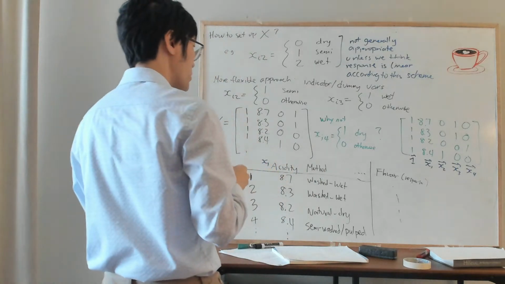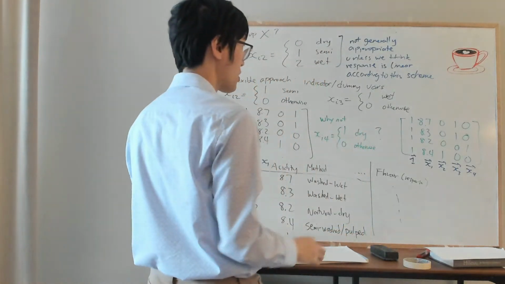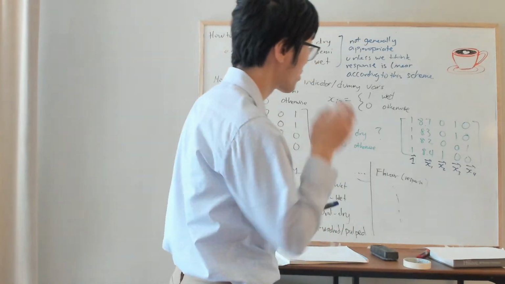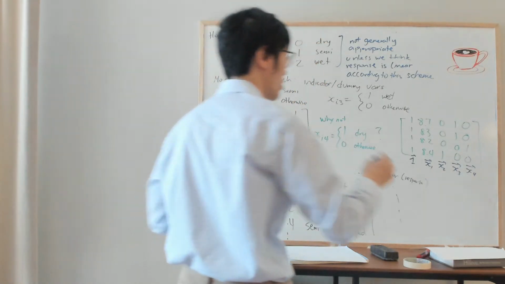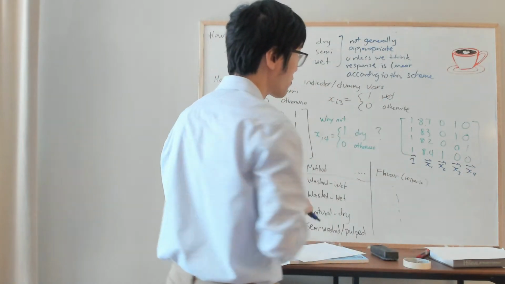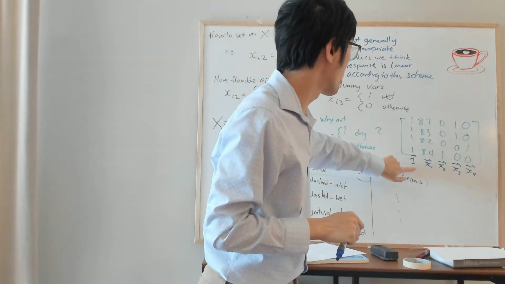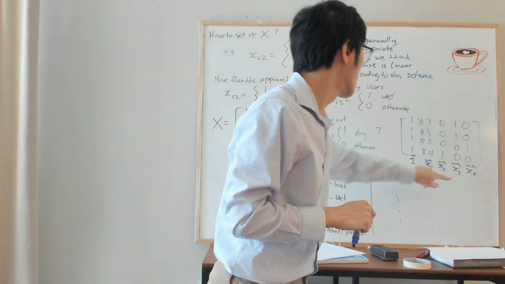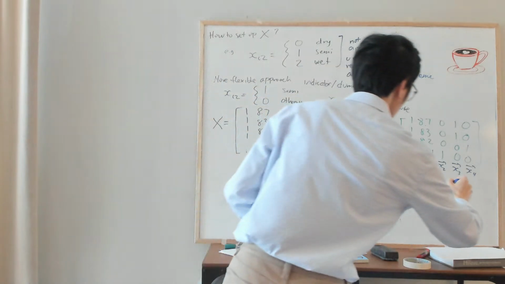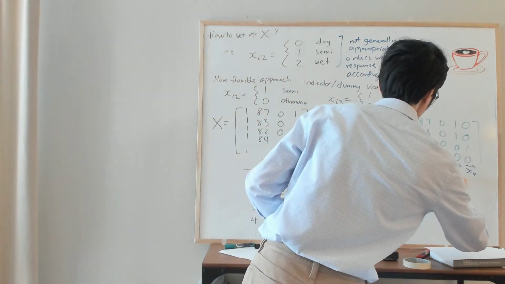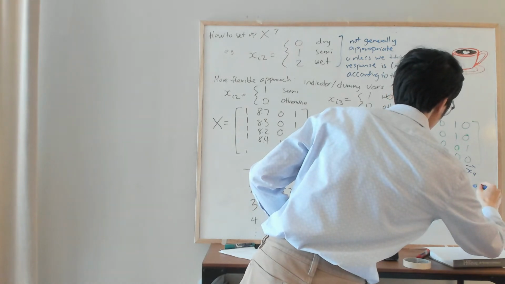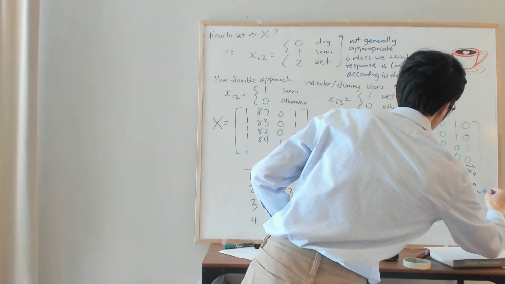With this extra column, x4 can be written in terms of the one vector, x2, and x3. Specifically, x4 could be written as 1 minus x2 minus x3.